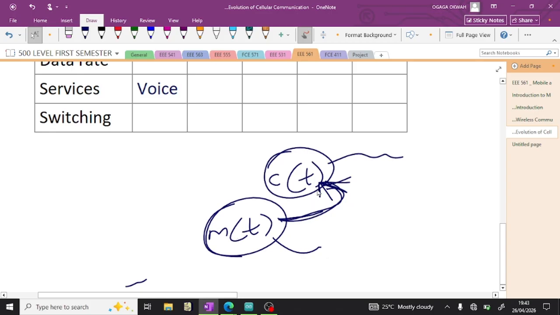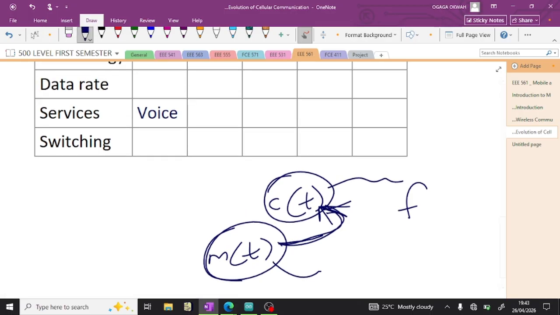So the message signal is placed in the carrier signal. If you place the message signal in the frequency of the carrier signal, it's called frequency modulation. If you place the message signal in the amplitude of the carrier signal, it's called what? Amplitude modulation.